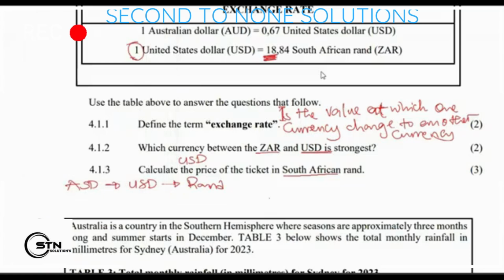So how are you going to do this? You paid 50,75 Australian dollars. You want them to become USDs. Here they have told you if you only have one Australian dollar, you have 0.6. So meaning we need to multiply this by it, and you get your answer, which will be US dollars.